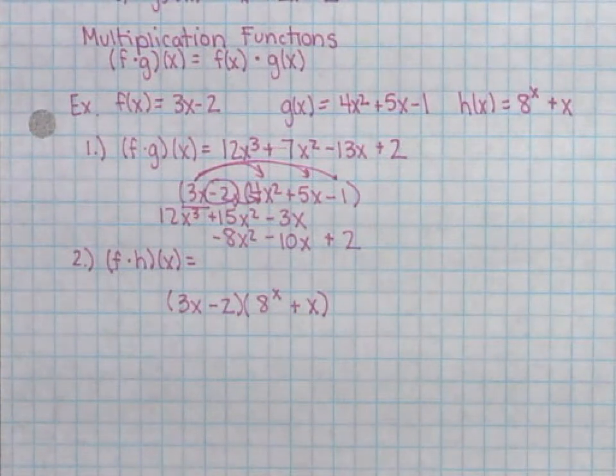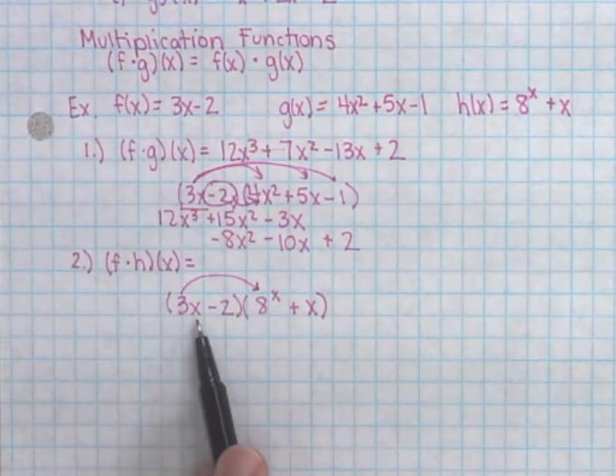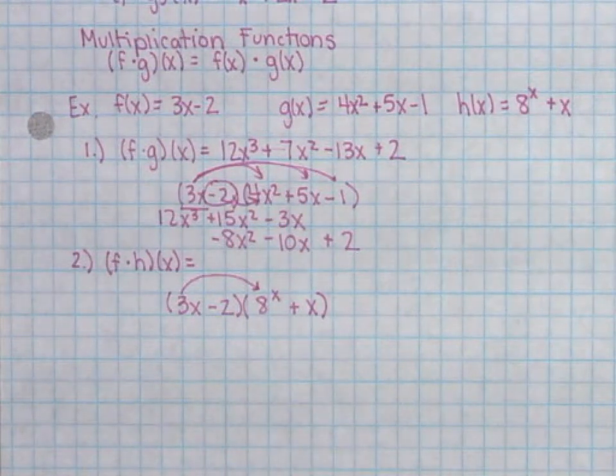It's not because when you FOIL, can you multiply 3x times 8 to an x power? Why not? But it never usually has to.